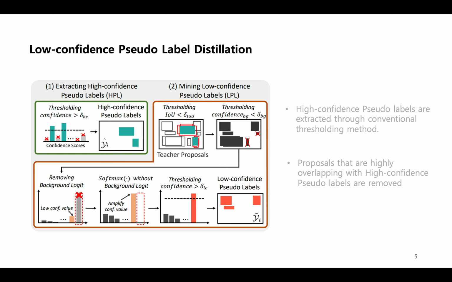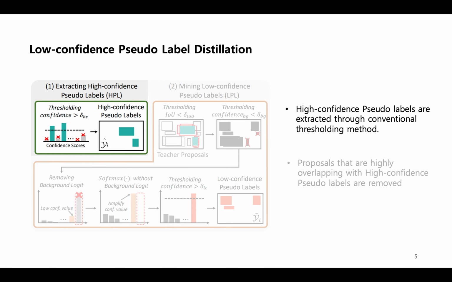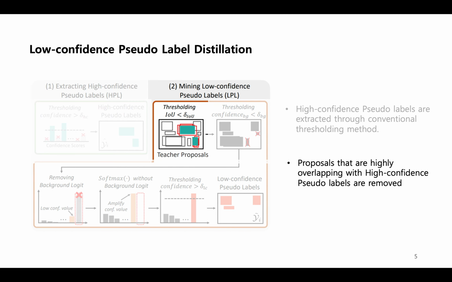So we propose the low confidence pseudo label distillation. First of all, high confidence pseudo labels are extracted through the conventional thresholding method using confidence values. And the first thing we do is to remove the proposals that are highly overlapping with high confidence pseudo labels.